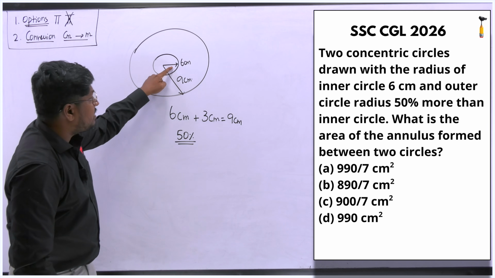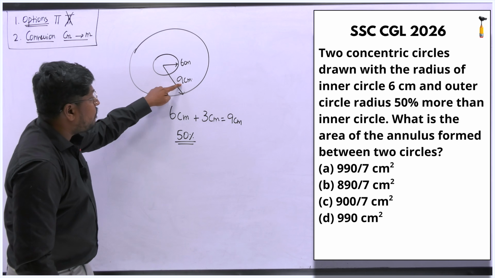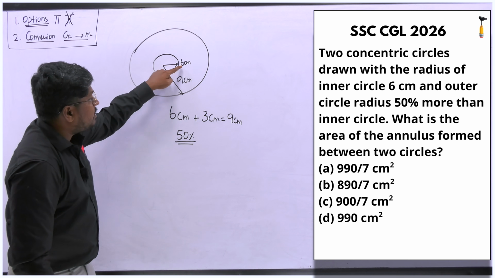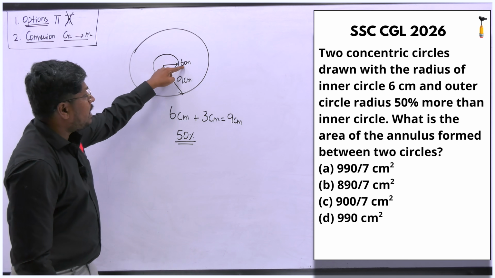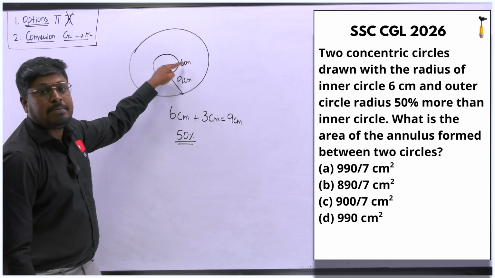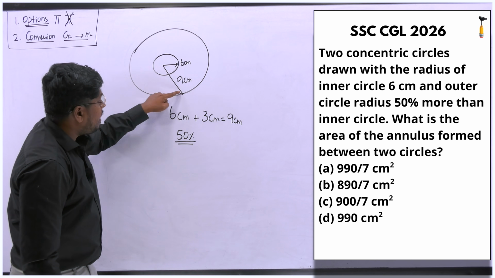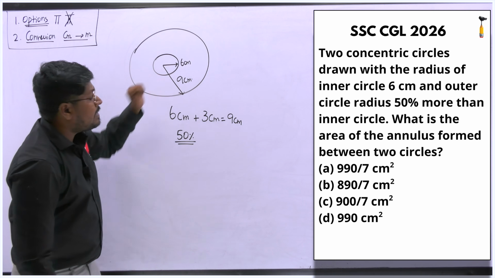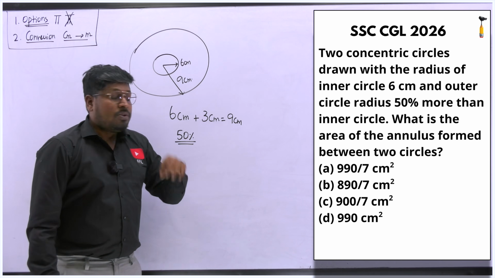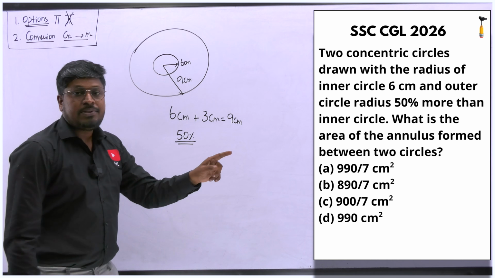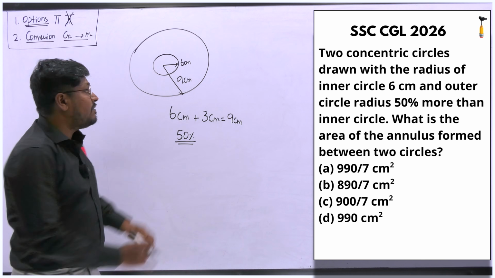So the inner circle will be 6, the outer circle will be 50% more. 50% of 6 will be 3. So 3 more compared to the inner. So 6 plus 3 will be 9 centimeter. So 9 centimeter will be the radius of the outer circle, and the inner circle radius will be 6. So now according to the question, our target is to find the area of this region.